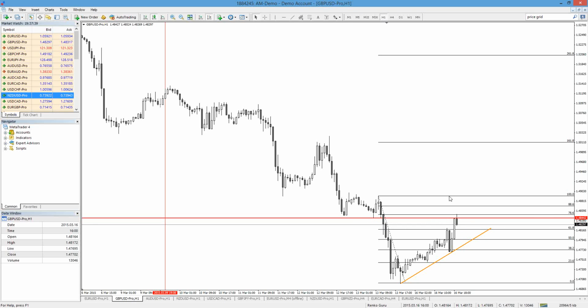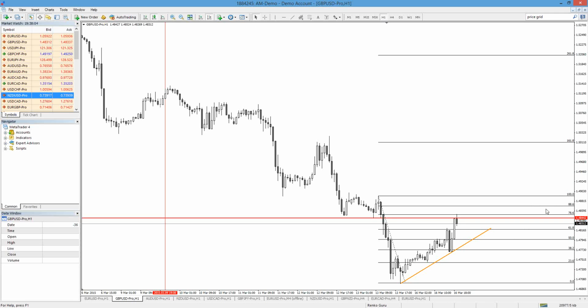I will treat this now as a potential scalp trade because it's the end of the day. But still, if this pulls back to this region, my stop loss is at 49.00. So it's a 50 to 60 pip stop loss. We target 47.20.